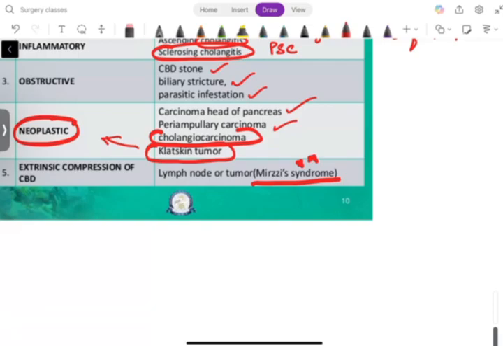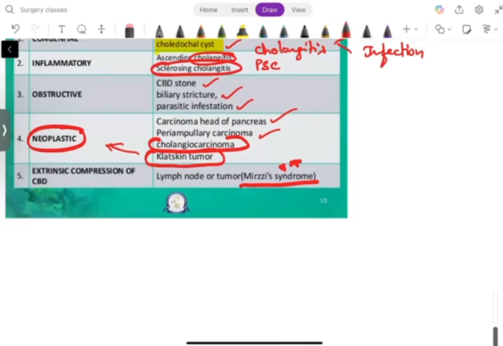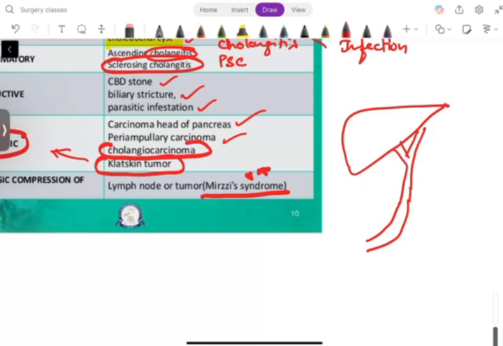Other than this, Mirizzi syndrome, we discussed this. Like if there is a stone which is going and obstructing the extrahepatic bile duct, or if there is an external cause which is compressing the bile duct. What can the external cause be? Like this, if the intestine here is externally compressing the bile duct.